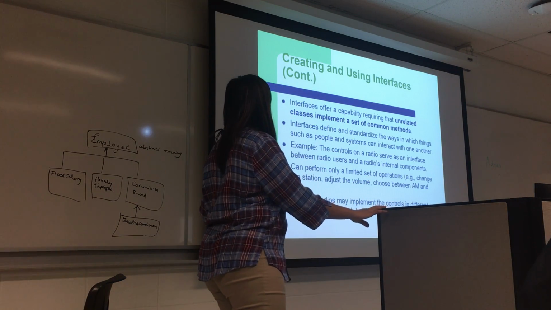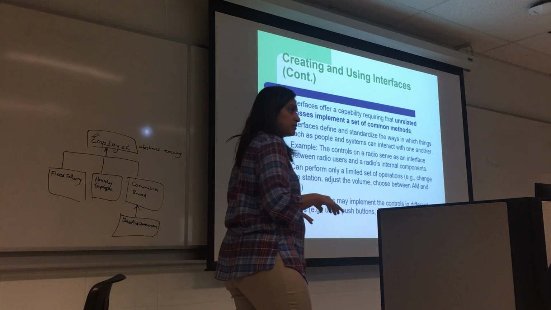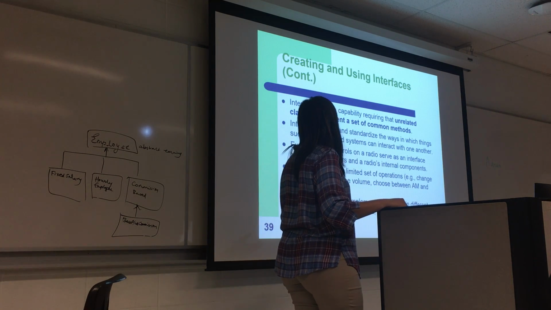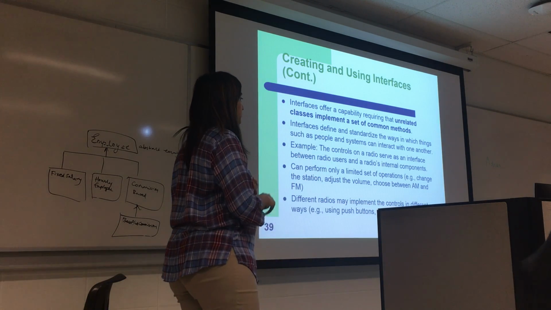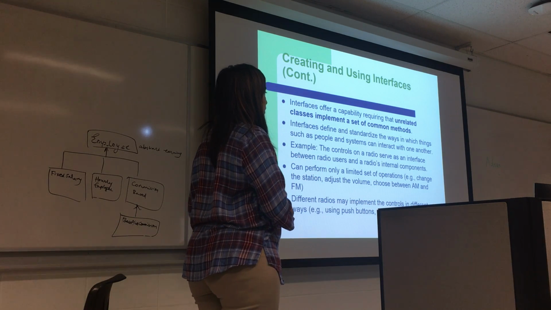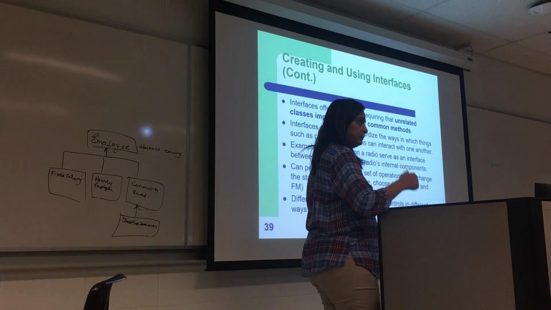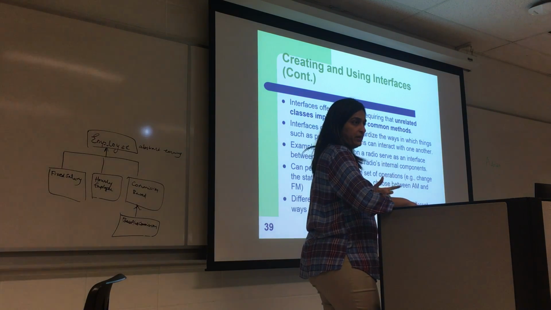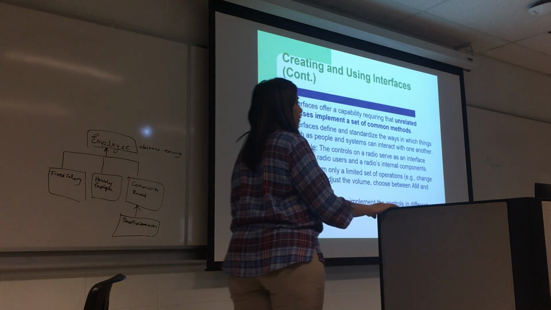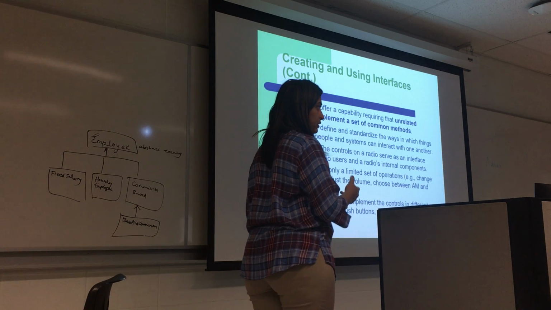These common methods are defined for unrelated classes. We saw some examples, and these are usually used for controls on a radio. You can have volume, you can have tuning, like you can set the frequency, right? These are some common controls which every user should have, okay?